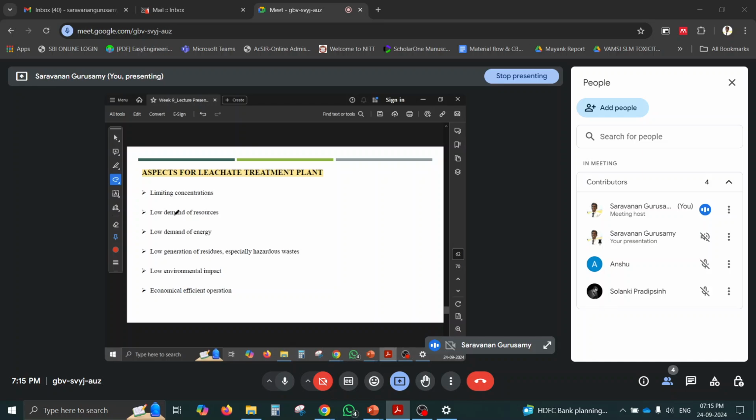The main considerations are low demand of energy, low demand of resources, low generation of residue, low environmental impact, economic feasibility, efficient operation, and limiting concentrations. These are all the aspects we need to think about before choosing the proper leachate treatment system. We have lots of treatment technologies as we have discussed, but which is suitable for which type of leachate?